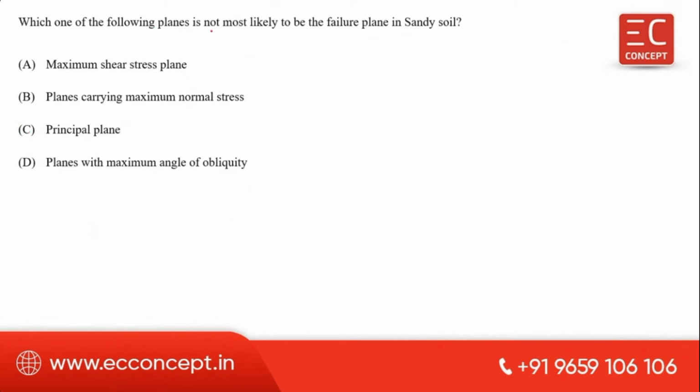Which one of the following planes is most likely to be the failure plane in sandy soil? So the plane having maximum angle of obliquity. So there was a plane. This is the shear strength case. This is the failure plane. In that failure plane, there are two stresses acting: sigma n, and the shear stress tau.